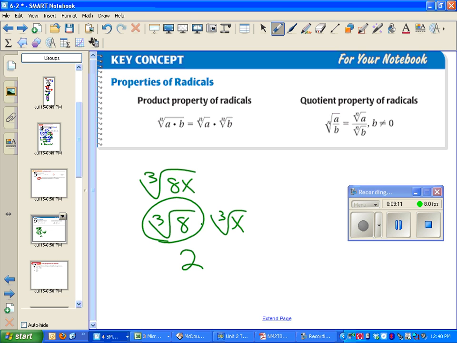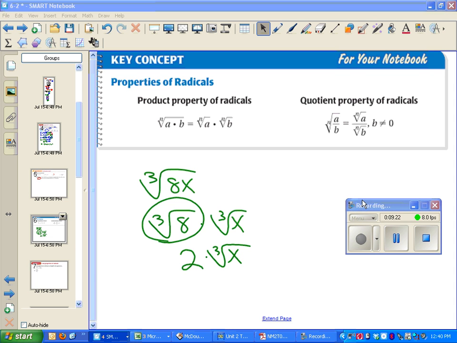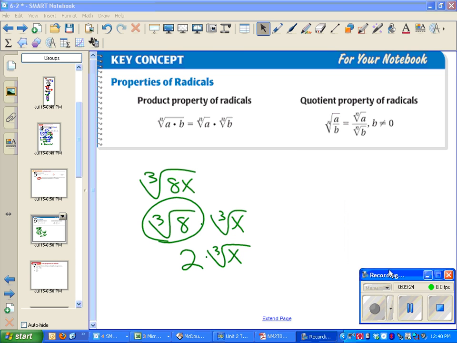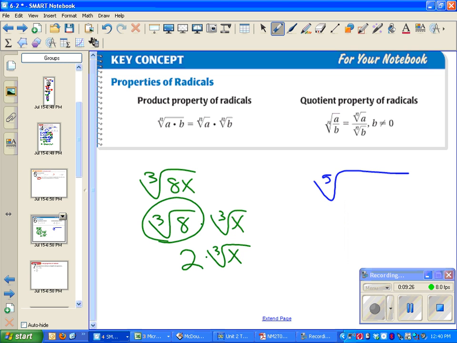This is 2, and then what I would have left inside is x. Now if I had 3 x's under the radical, I could take those out as well. If I had a 5th root of something and I was trying to simplify this, I would look for 5 of something to pull out of the radical.